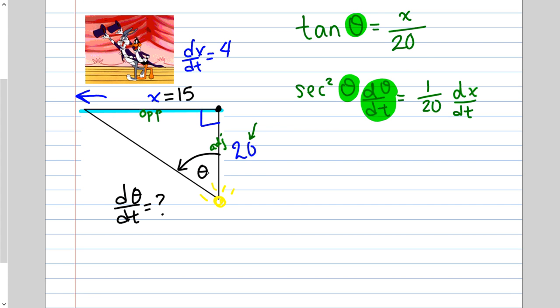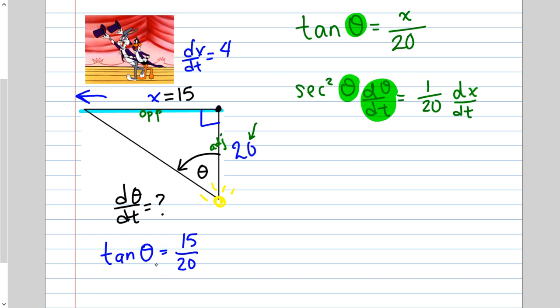Okay, so theta, right? I have the adjacent and I have the opposite. I can use tangent. Tangent of my angle, theta, is equal to the opposite, which is 15, and the adjacent, which is 20. So here, x is important again.